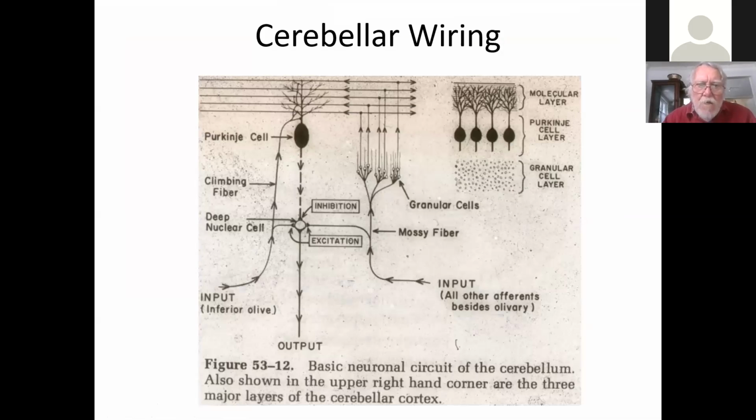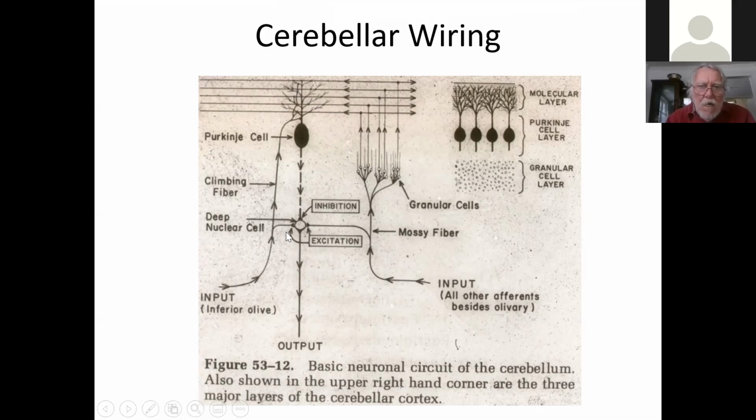So again, another drawing of this. You're seeing the climbing fiber coming up onto the dendrites of the Purkinje cells from the inferior olivary complex. And what you're basically seeing is the Mossy fibers coming up on the granular cells and then modulating the Purkinje cell dendrites through the parallel fibers.